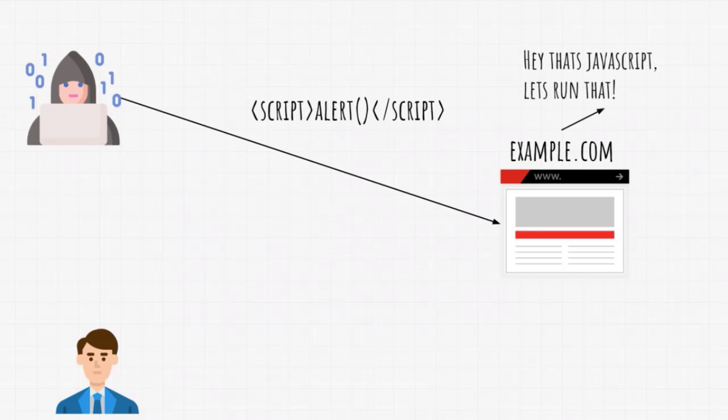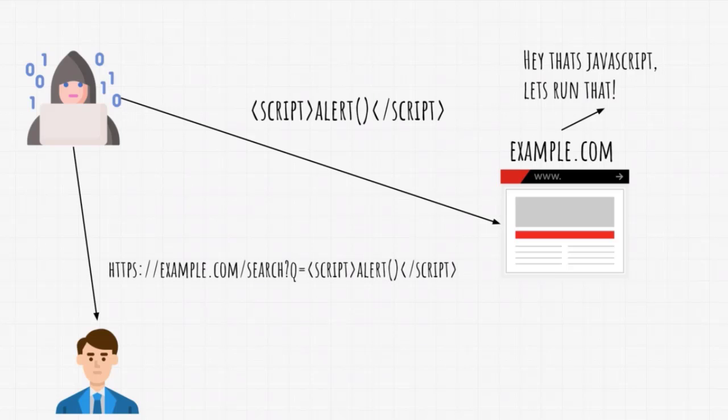The web page processes that input as JavaScript and runs it, letting the attacker know that it's vulnerable to XSS. Then the attacker sends the link to that web page with the JavaScript code set as an input to the vulnerable parameter. Once the target opens the link, it will also run the JavaScript code on the vulnerable website. The XSS where the JavaScript code we inject doesn't get stored and saved on the server is called reflected XSS.